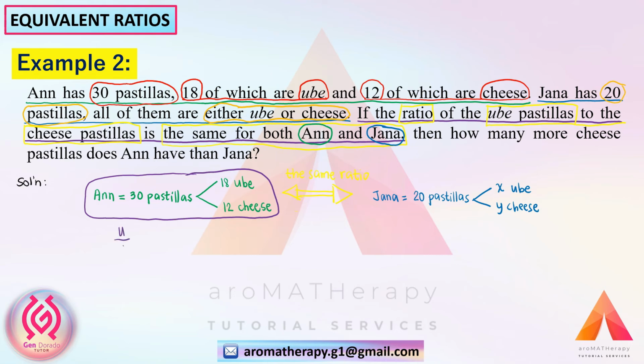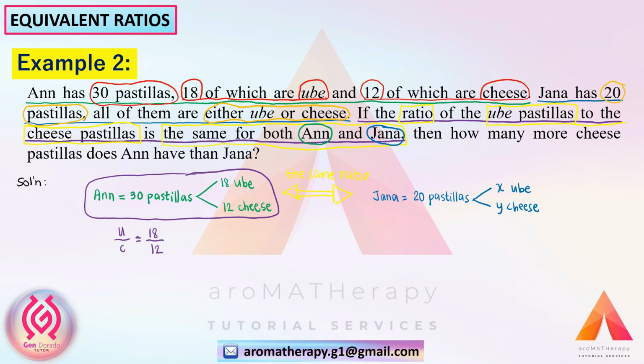Sige, let's try to solve. U for ube and C for cheese is equal to how many ube? 18. How many cheese? 12. So what is their greatest common factor? Ano greatest common factor ng 12 and 18? 6. So paano kunin?